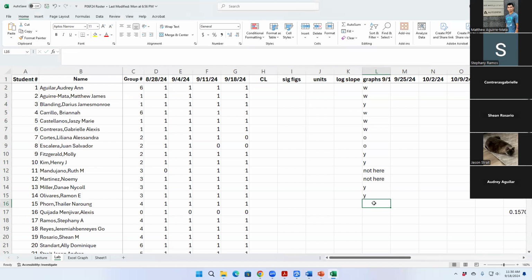Now let's see. Next is Taylor. Did you finish all the graphs, Taylor? We did the graphs, yeah. Oh, okay. What about, did you log the slope? We're working on it. Okay. Units, right? Sig, and CL. We did the units. Oh, you did the units? That's good. Okay, so now I'm putting here yes for the units. But don't forget to log the slope and check the percentage difference.